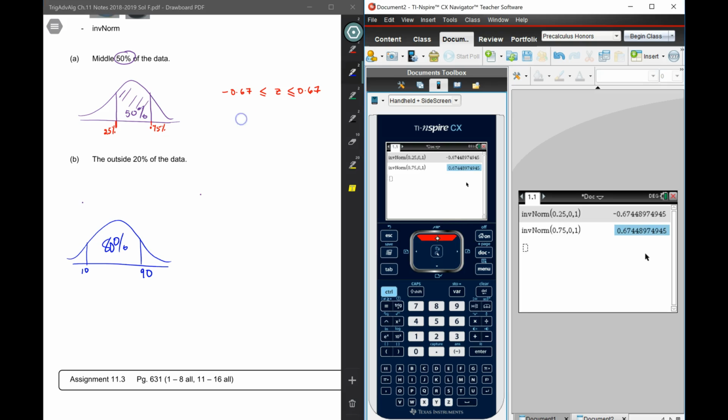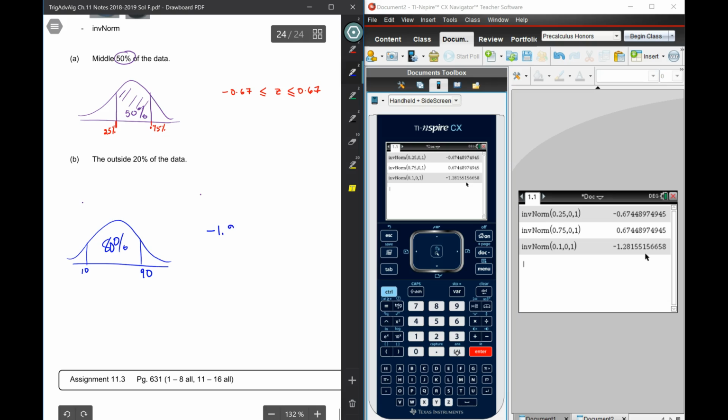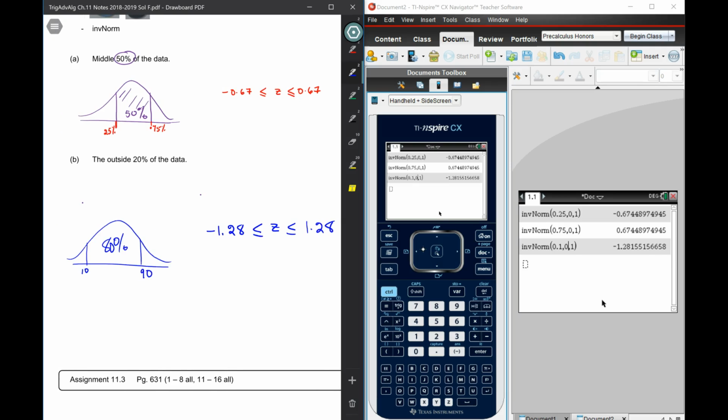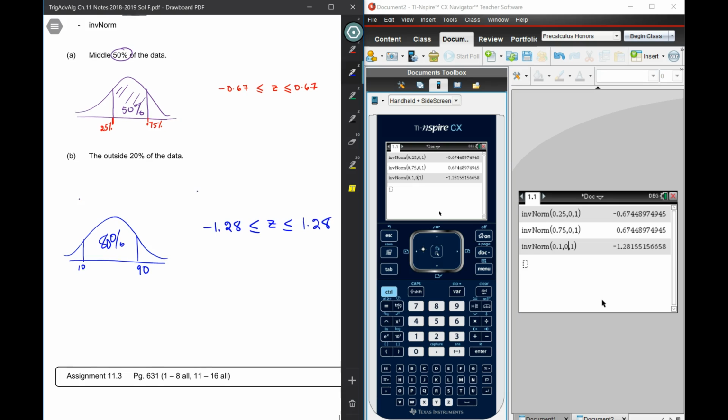So now I go here, bring this back, and I'm going to put 10. Negative 1.28 less than or equal to z less than or equal to 1.28. Unless it's a problem that asks for two different ones. Exactly. All right. So that's that.